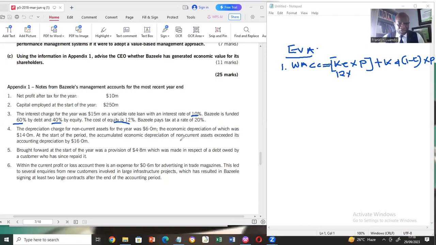The proportion is 60% debt, 40% equity, so multiply by 0.4, plus cost of debt is 10%, which will be times 1 minus 0.2, the tax component is 20%, multiplied by 60%.